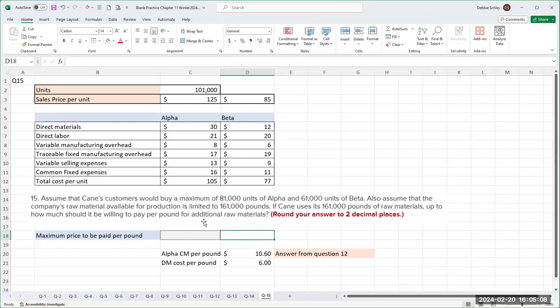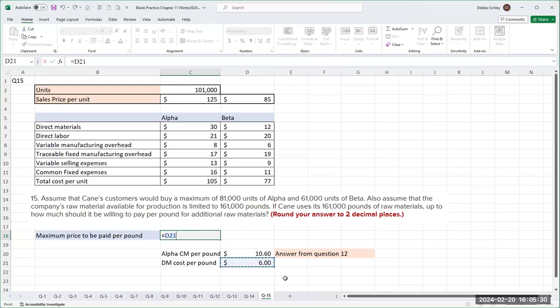So all of our costs were covered by those previous sales, right? The 61,000 units of beta and part of the units of alpha. So all we're concerned about is not losing money, or in other words, breaking even. So as long as we don't pay more than the normal price of $6 per pound, remember, plus Alpha's contribution margin per pound, right?